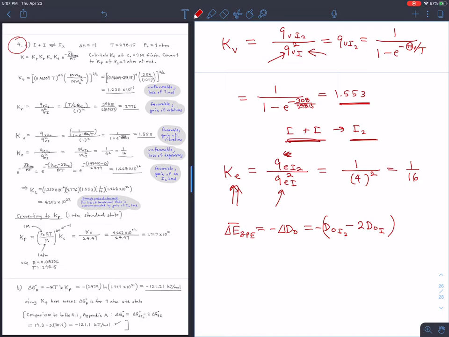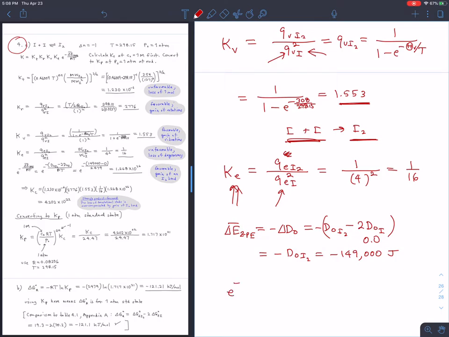But D0 for an iodine atom is 0, right? Because it's not a molecule. There is no bond energy. And so that's just equal to minus D0 for I2. And that's equal to minus 149,000 joules, or 149 kilojoules per mole.